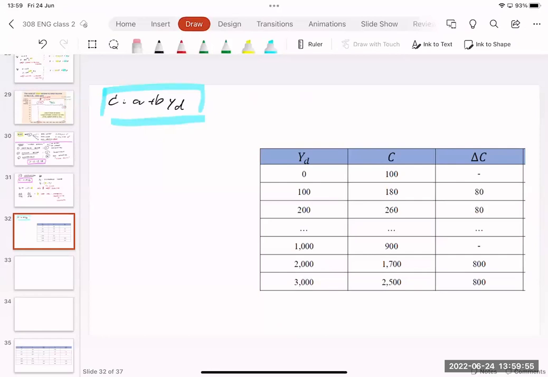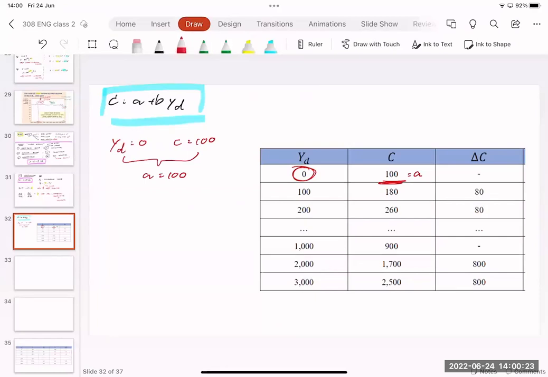Starting with the first row, if you don't have any money, YD equals 0, and consumption equals 100. If you don't have any money, you need to spend 100 baht in order to survive. So now I know A equals 100.